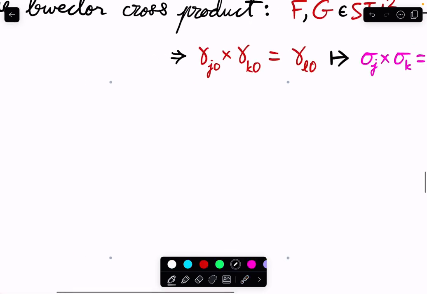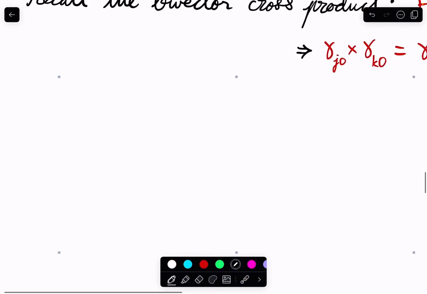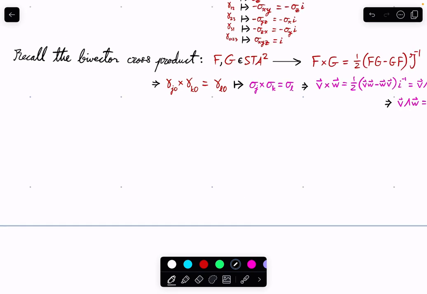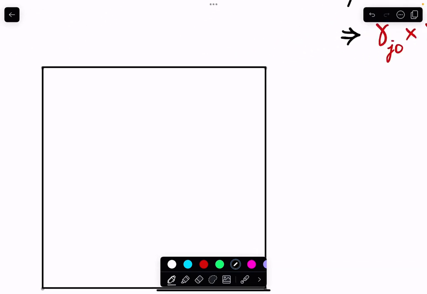Now, one more thing to consider. Let's also do this as a little side thing. We consider the electromagnetic field.